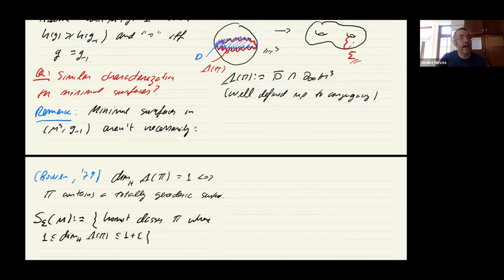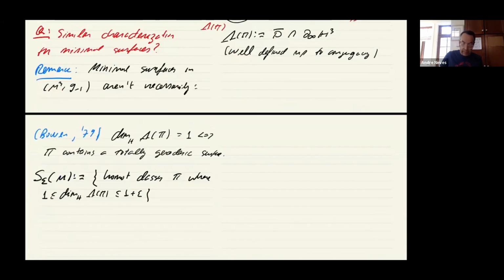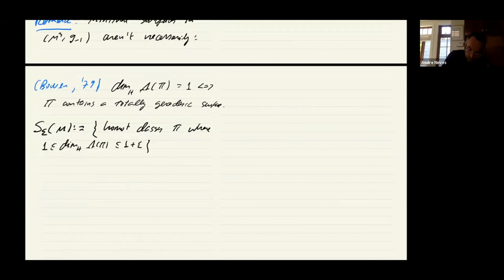So these are all homotopy classes for which the minimal representative with respect to the hyperbolic metric should be close to a totally geodesic surface. And of course this set could be empty, but let me make two remarks.